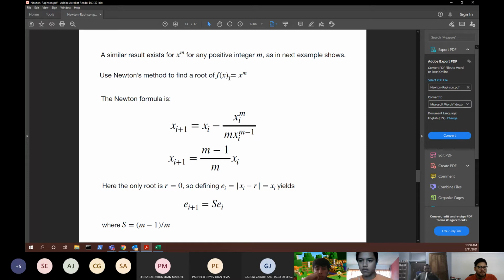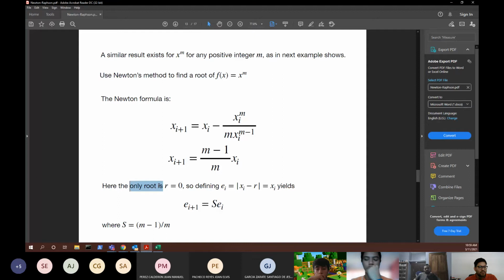What's the derivative? m x_i^(m-1). This is the derivative, right? And then if you simplify and make all the arrangements, x_{i+1} is going to be (m-1)/m times x_i.